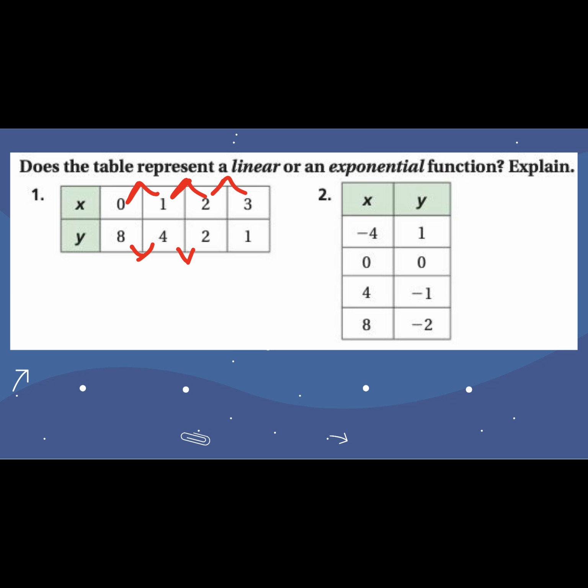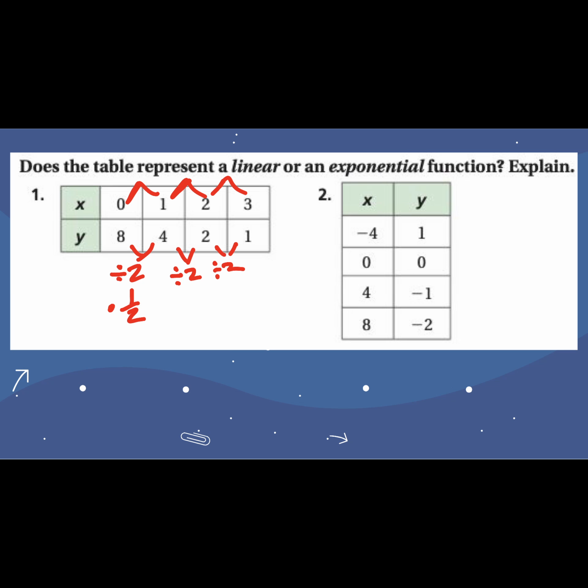So we need to think about, how do we get from 8 to 4 without adding or subtracting? Yeah, Trevon? Nice. We divide by 2. So you'll see again, divide by 2, or they'll say multiply by 1/2. Same exact thing. How do we get from 4 to 2? Well, our pattern stays. We divide by 2, and we divide by 2. So we can see that we have an exponential function.